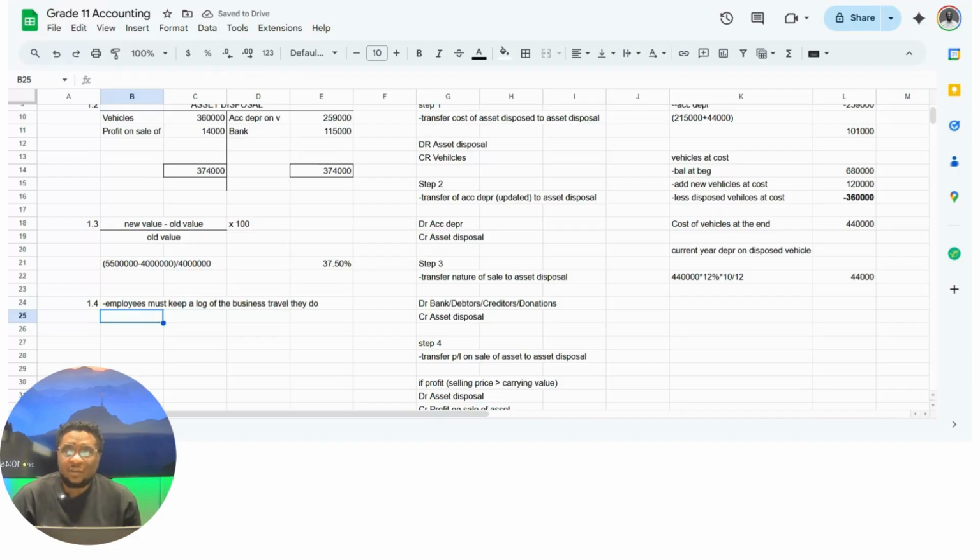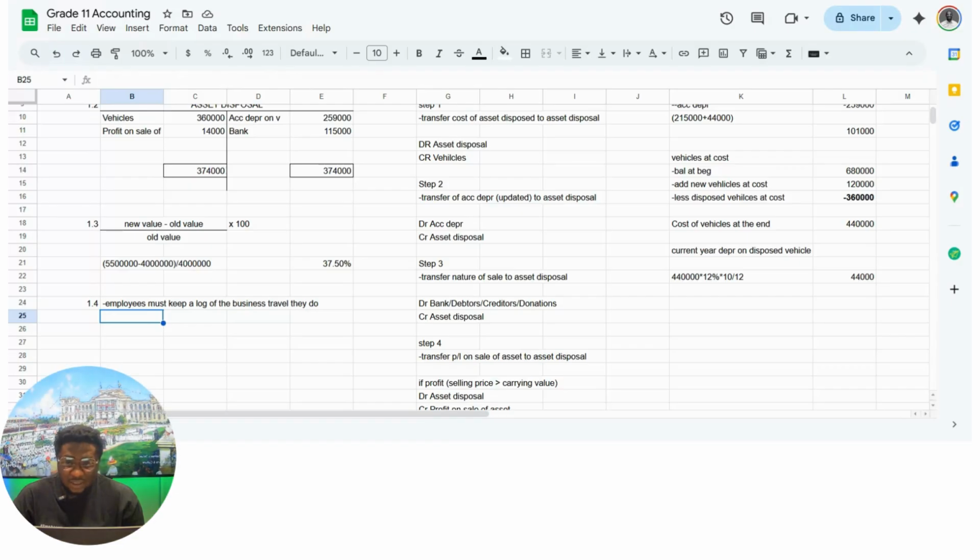We didn't discuss what type of business it is, but let's say you're a delivery driver. If you had to make certain deliveries, log those deliveries along with the kilometers traveled, and then those kilometers would have to be matched against the odometer in the vehicle so that things add up.